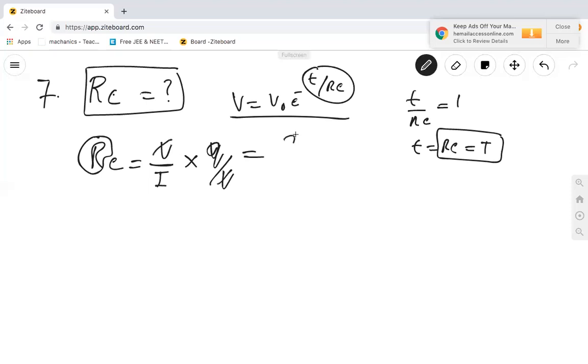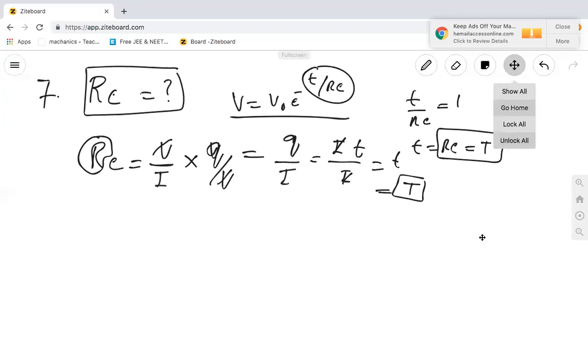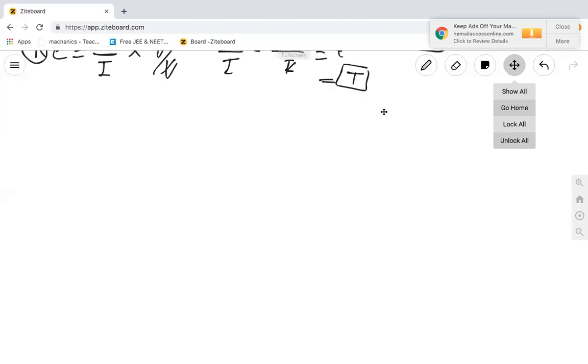It is Q by I, and Q is current into time by I. I gets cancelled. It is only time, so it is T. See? Again, let me repeat it. No, you can watch it twice, so there's no need to repeat things. You can just rewind it and watch again what I am doing. It is a facility which is available here online.